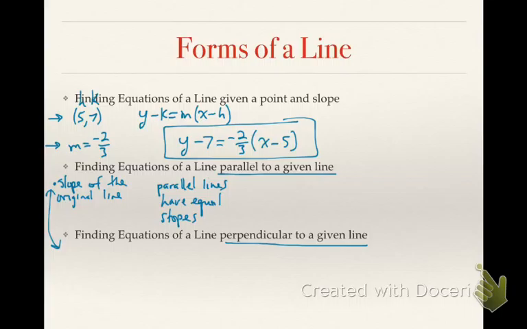Parallel lines have equal slopes. Perpendicular lines have negative reciprocal slopes.